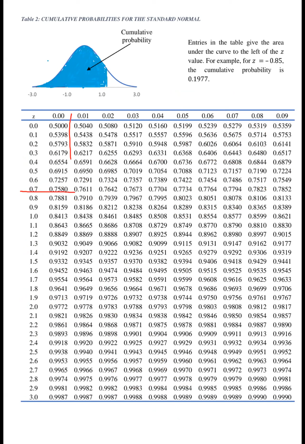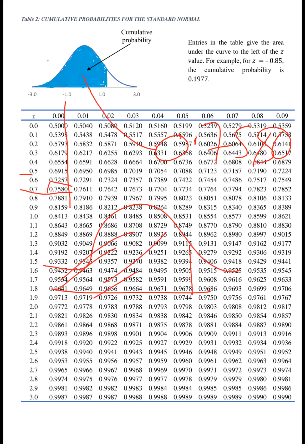It is this area. So the area that we find is 0.7580. This is the area where 0.7 meets with the 0.00. Now we know that this area just represents this shaded area, okay?